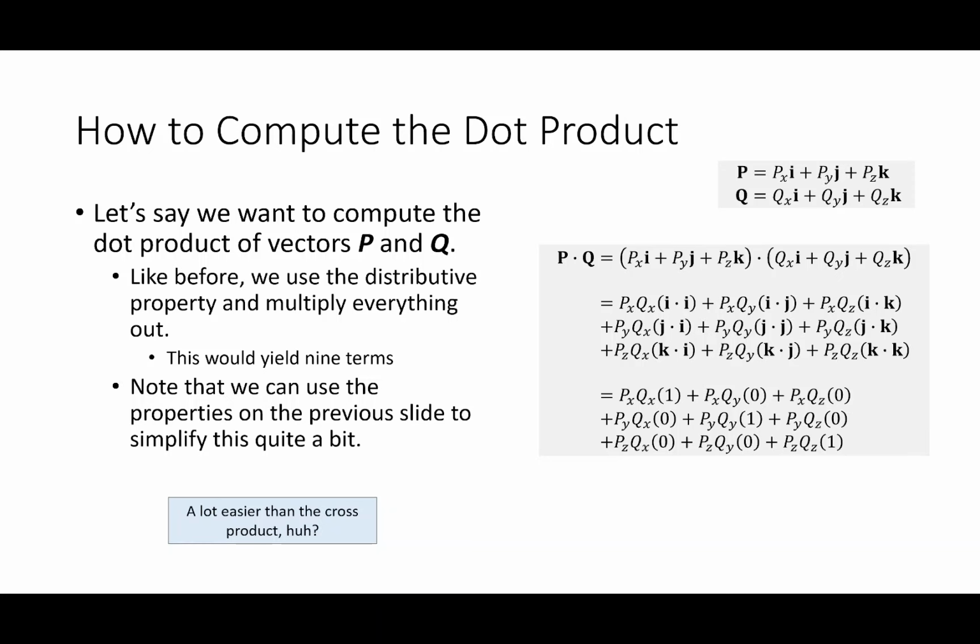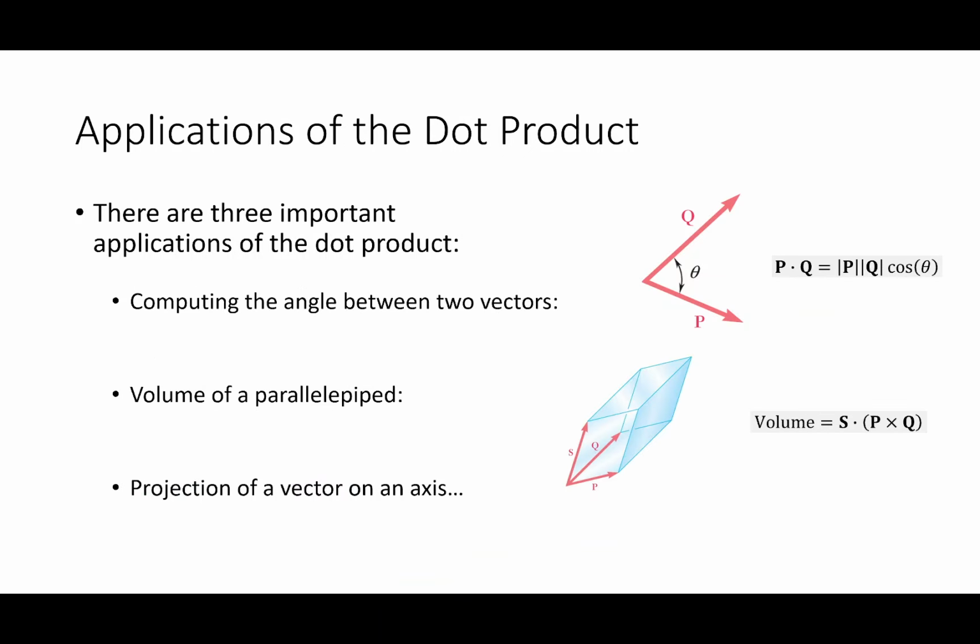So if we go through and do this exercise like we did last time, remember how we expanded the whole thing into 9 terms? Remember we did that on the board? Well, any time the vectors are different terms, you get a 0. Any time they're aligned, you get 1. And so we get a pretty simple formula.